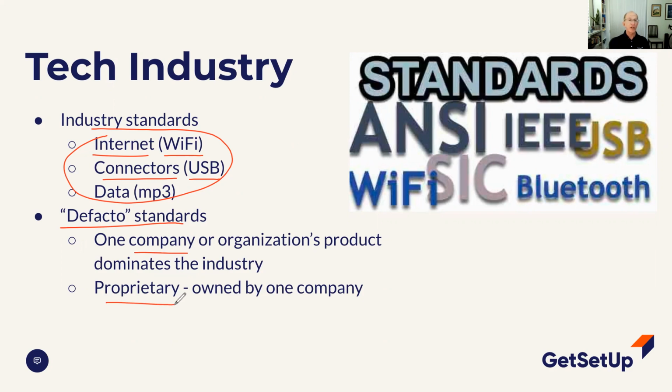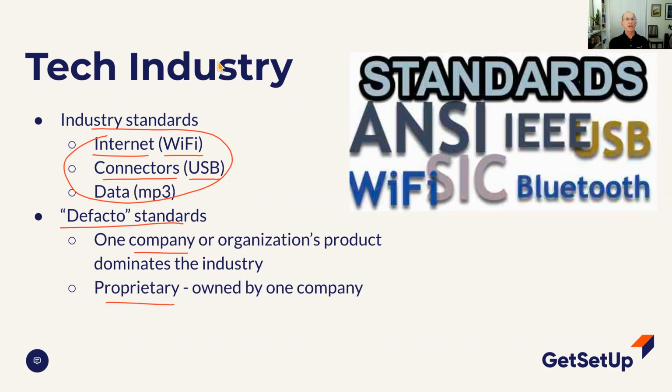A proprietary standard that exists for anybody that owns an Apple product, that little lightning connector that you use to charge it, that lightning connector is owned by Apple, and they license it to other people, but they own the standard for that lightning connector. So there's some examples of things like that.